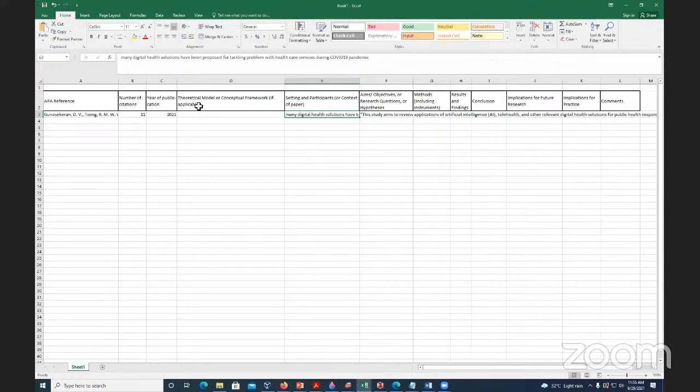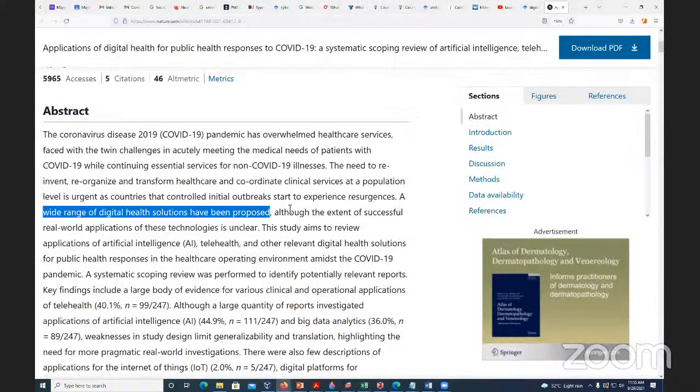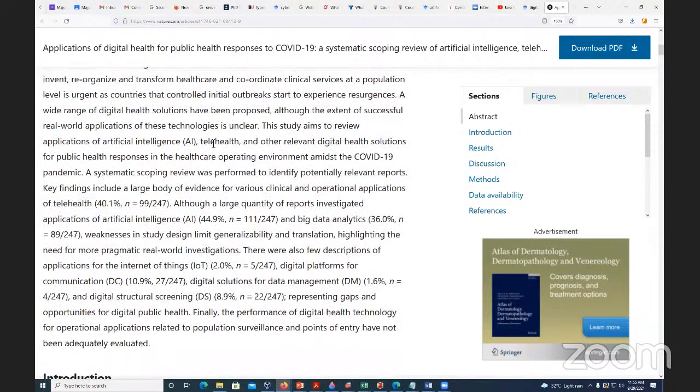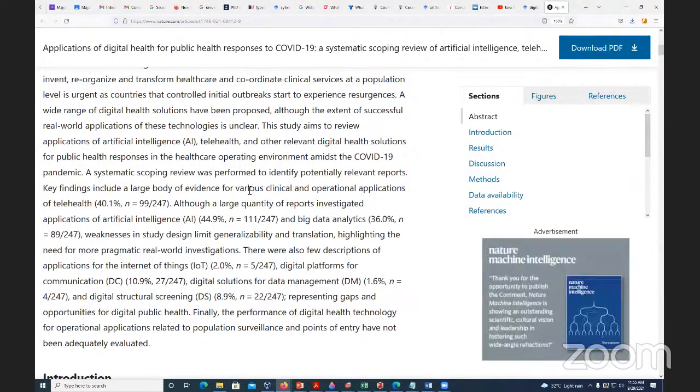We'll come into this one last, but this is the hardest thing when you go through every one. What are the methods? The thing is, this is all about understanding a review. In a review, it's looking at finding reports that match this. So this is looking at digital health solutions. It tells us that they find all potentially relevant reports, and they find a large body of evidence for various clinical and operational applications.